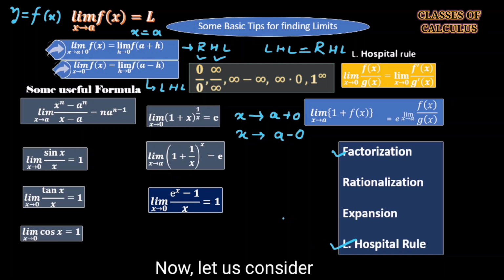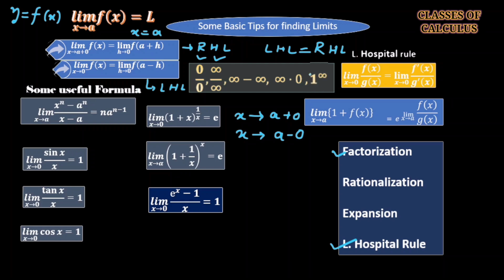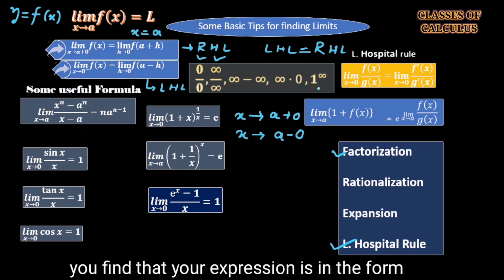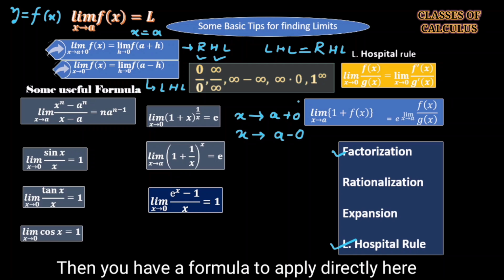Now let's consider the form 1 to the power infinity. If you find that your expression is in the form 1 to the power infinity, then you have a formula to apply directly.